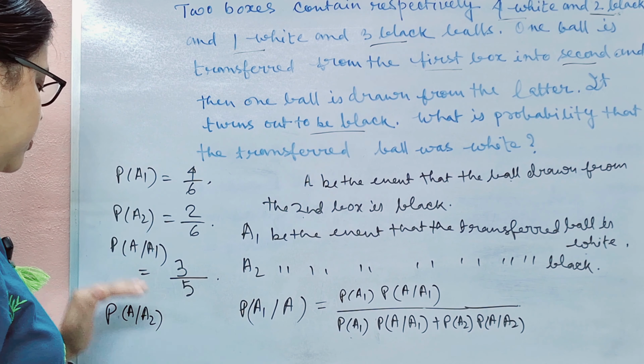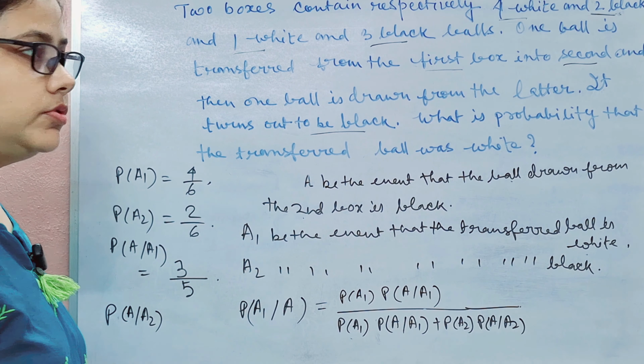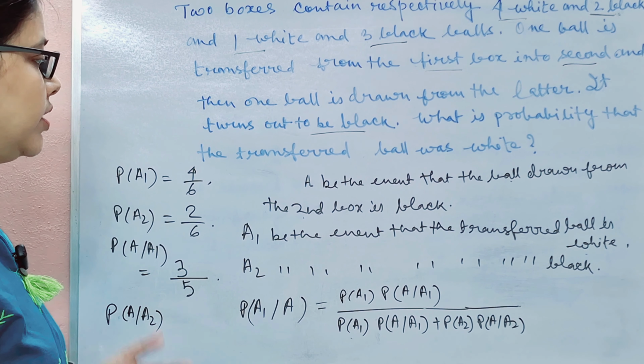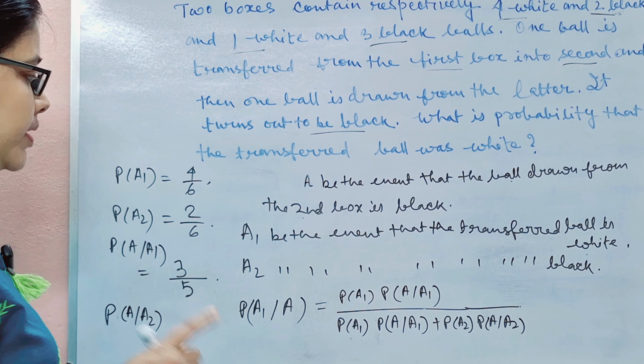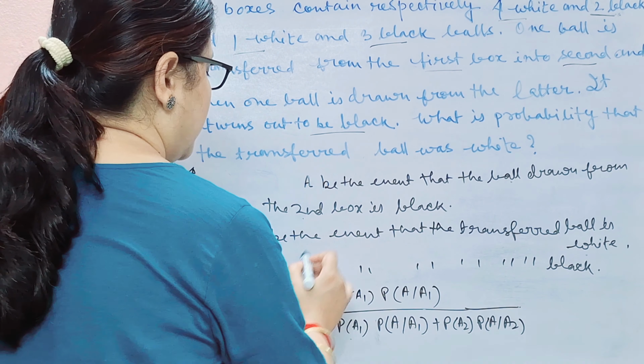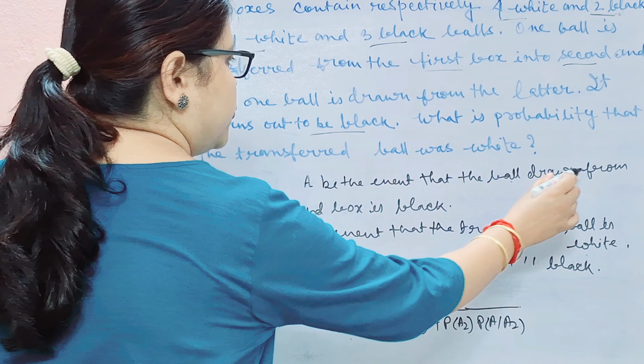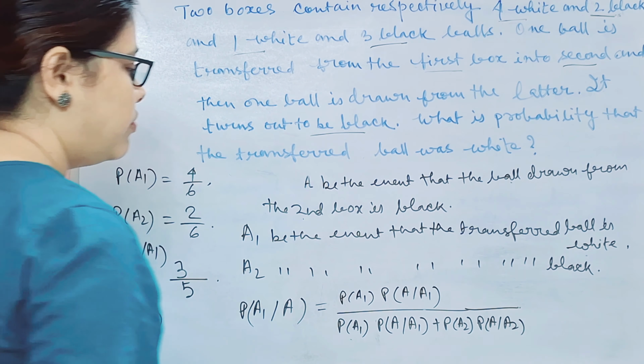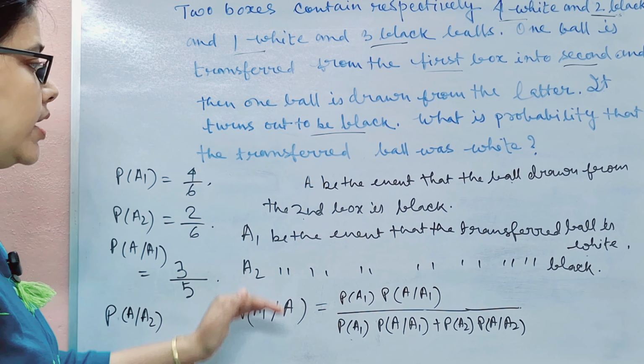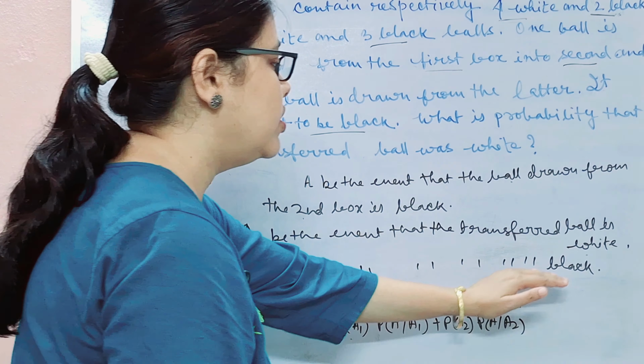To find out the probability of A by A2, that is the probability of A when A2 is already occurred, means the probability of the ball drawn from the second box is black when the transferred ball is black.